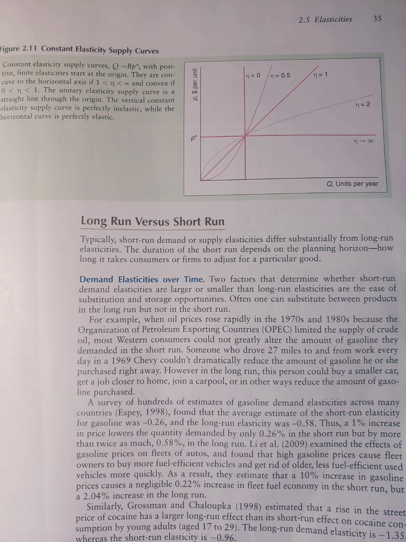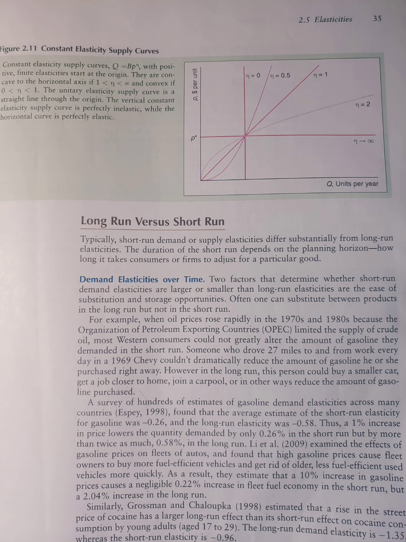They are concave to the horizontal axis if 1 is less than eta, which is less than infinity, and convex if 0 is less than eta, which is less than 1. The unitary elasticity supply curve is a straight line through the origin. The vertical constant elasticity supply curve is perfectly inelastic, while the horizontal curve is perfectly elastic.